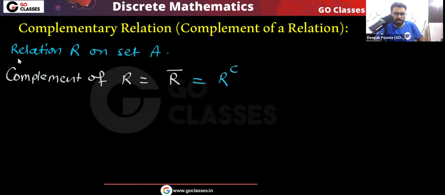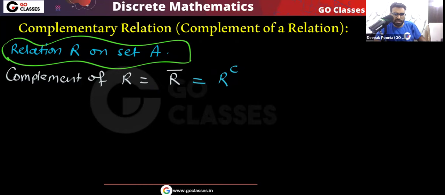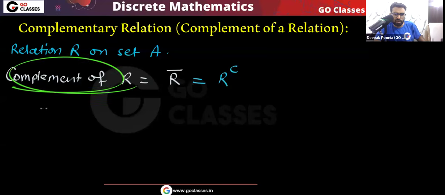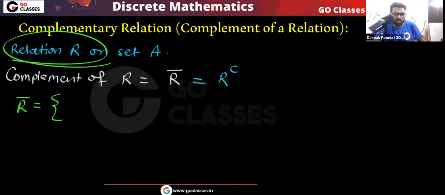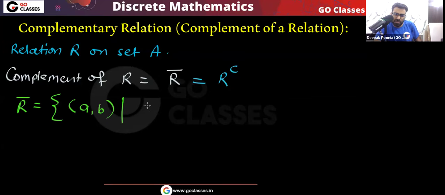If a relation R on set A is given to you, how do we find the complement of R? Very simple. The complement of R, that is R bar, will contain all the ordered pairs which are not in R. Basically, all the ordered pairs (a, b) such that (a, b) does not belong to R. Did you understand the definition?